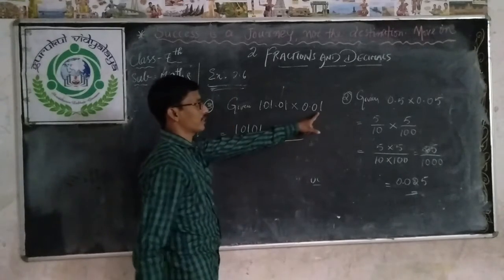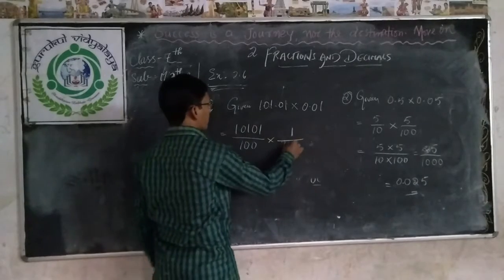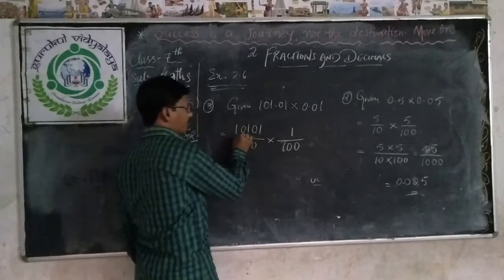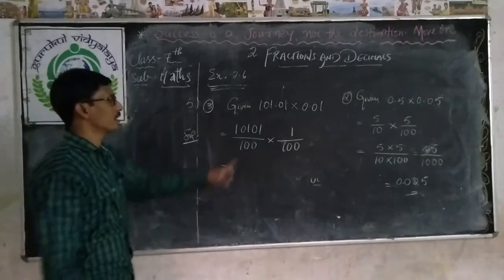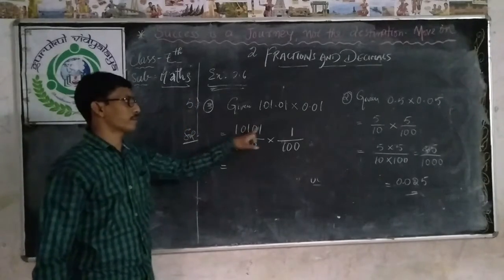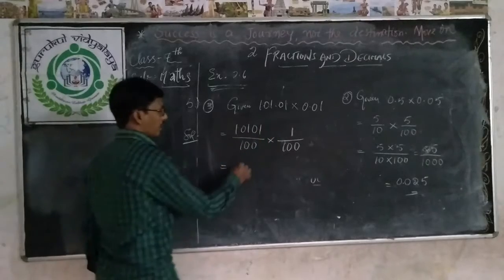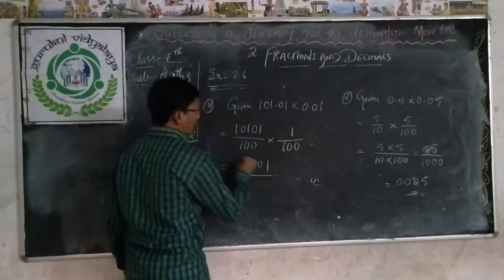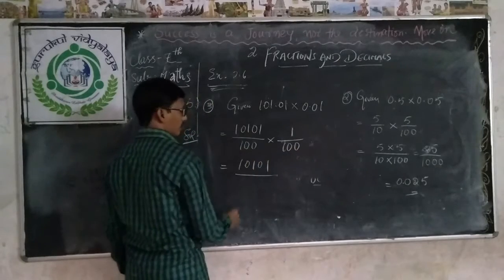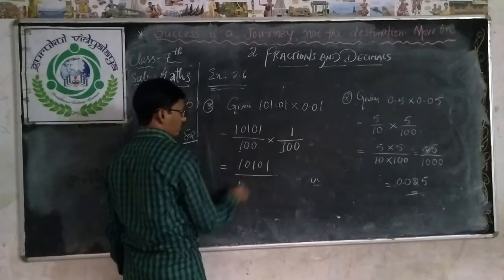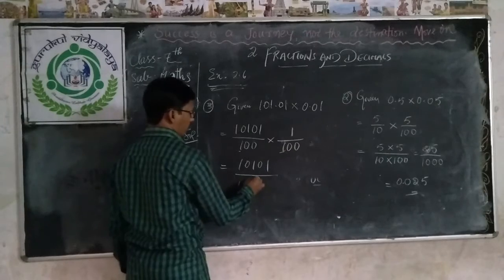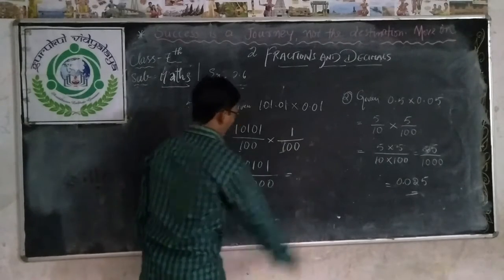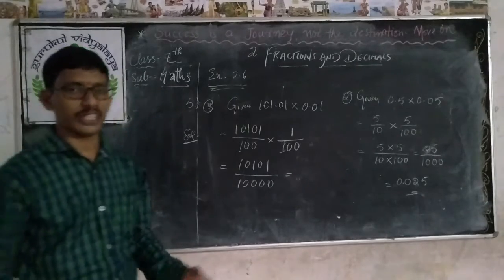So 1 is in hundredths place. So again 10101 is multiplied with 1 means again the same number will come. 10101 by 100 into 100. How much? 1 ones are 1. Total how many zeros? 4 zeros. 1, 2, 3, 4 zeros. So that is equal to, convert into decimal.